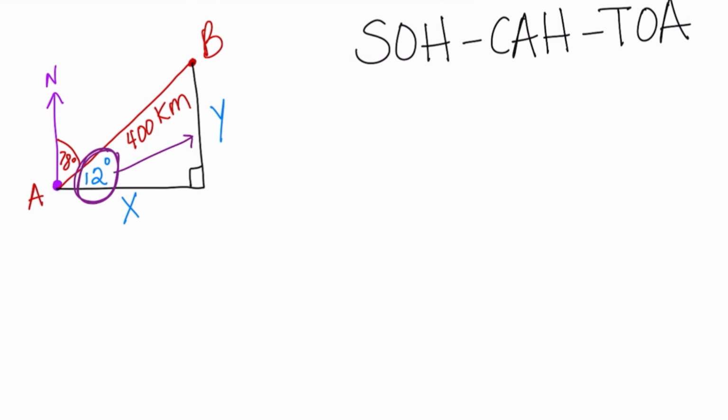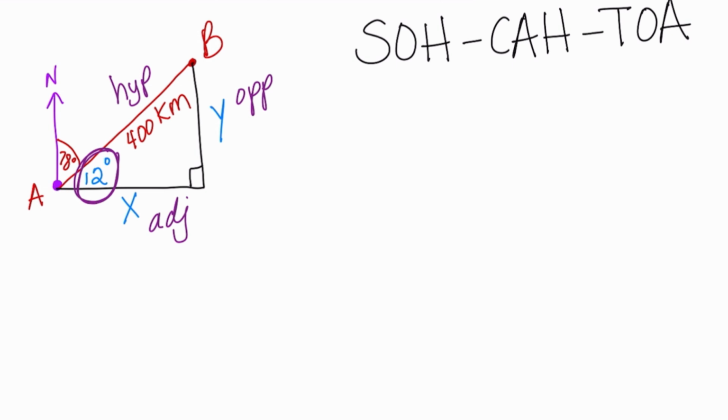I'm going to call my y opposite. I'm going to label across the 90-degree angle as hypotenuse, and that leaves this x to be adjacent. Whenever I label the triangle, I like to start with opposite, hypotenuse, and leave adjacent for last. I feel like it minimizes the amount of mistakes that you could make.